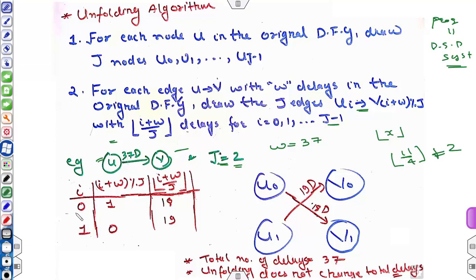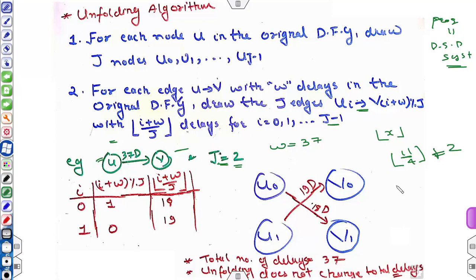For i equal to 0, 37 divided by 2, the remainder is 1, and for i equal to 1, 37 plus 1 is 38 divided by 2, remainder is 0. So this value is 1, this value is 0.